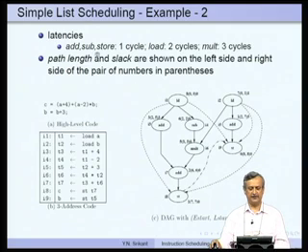We assume that add, sub and store take 1 cycle each, load takes 2 cycles and multiply takes 3 cycles. So, path length is written on the left hand side of the parenthesis, and the slack is written on the right hand side of the parenthesis. So, what is inside the parenthesis are the E start and L start numbers.